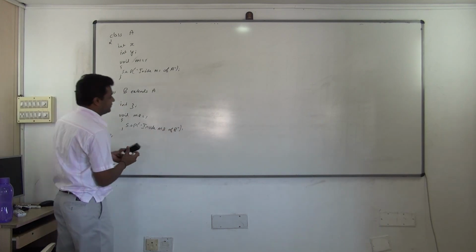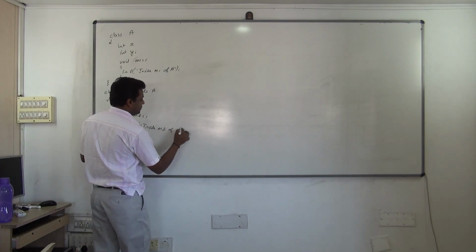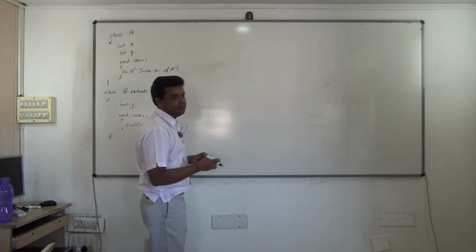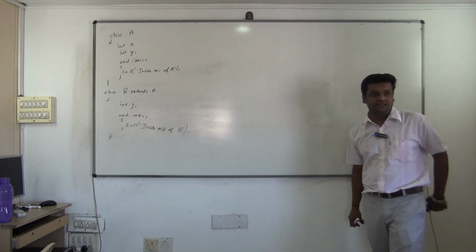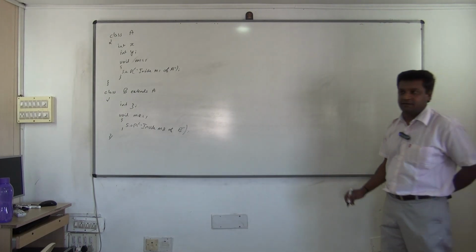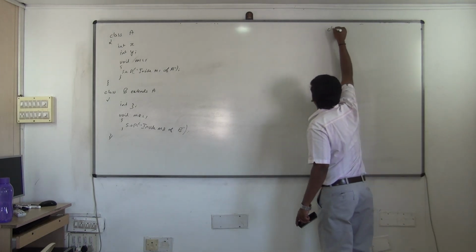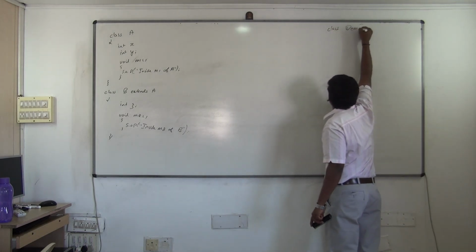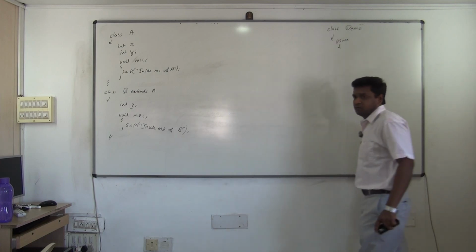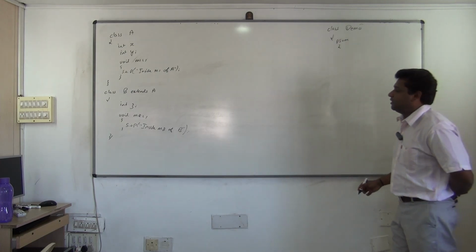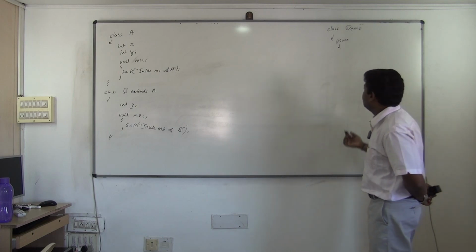There are two classes, A and B, and B extends A. Class A is there, class B extends it. So now let's see how it works. We are not using a constructor here, leave it, no problem. But I want to show you one concept.